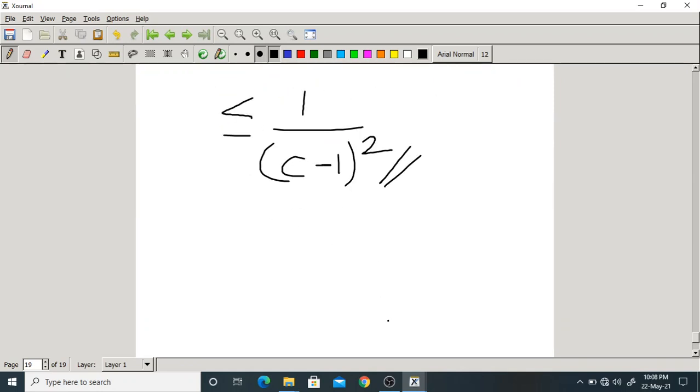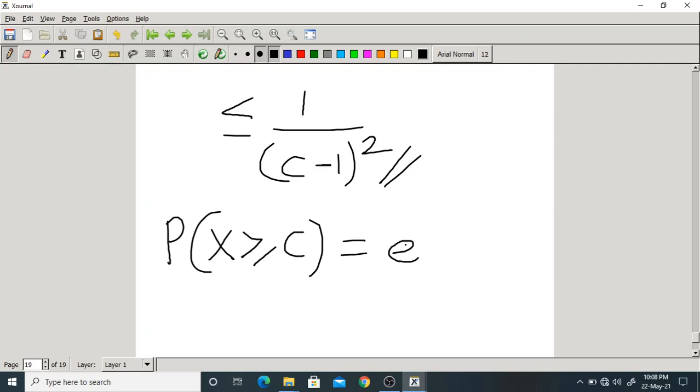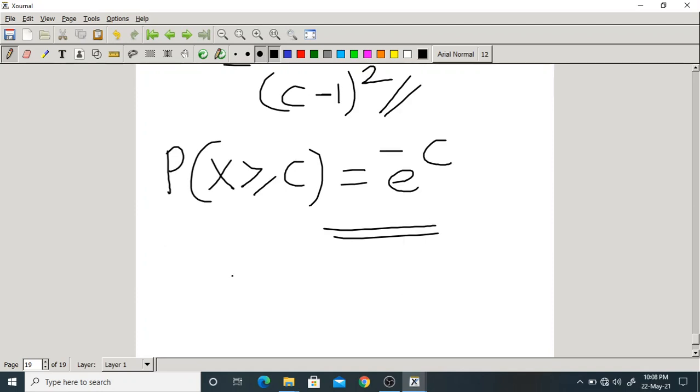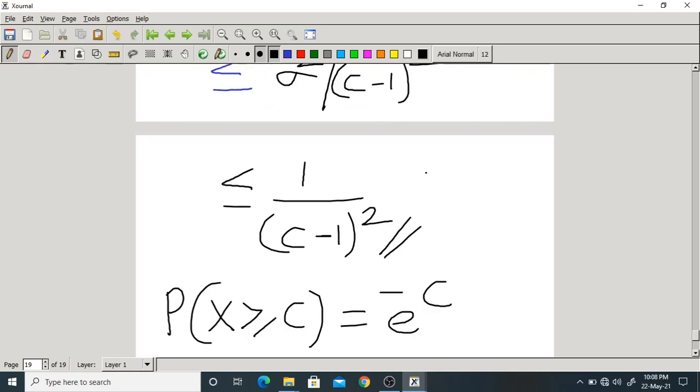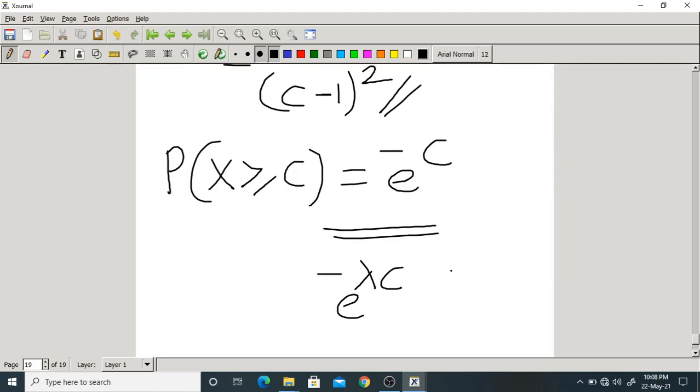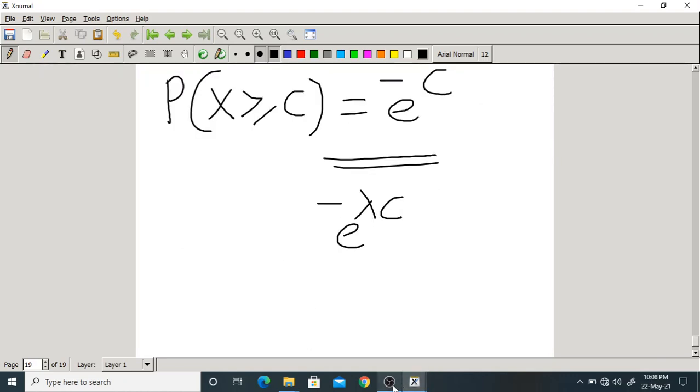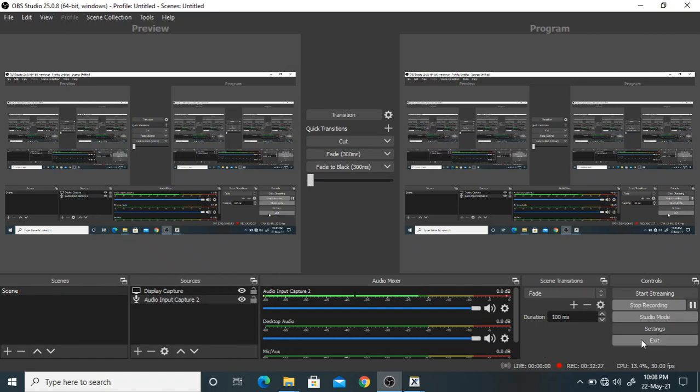Now what is the exact probability? Probability that x is greater than or equal to c equals e power minus lambda c. Since lambda is 1, it is e power minus c. This is the exact probability and this is the inequality. So the inequality satisfies the exact probability. Okay. So this is about some useful inequalities. Now, let us stop here. Thank you.